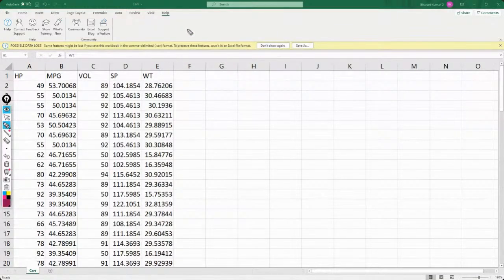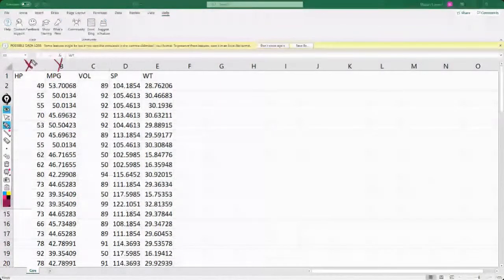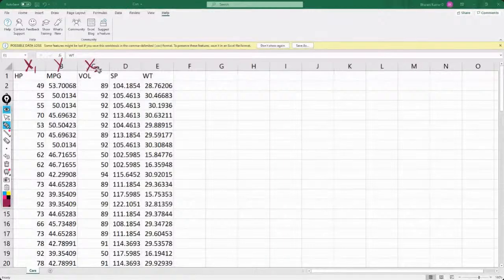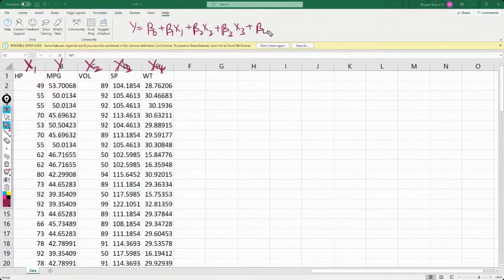In linear regression, when you build this model, say you want to predict mileage of a vehicle, and you have horsepower, volume, top speed, and weight. Say you have these four, and you need to predict your mileage. Y is equal to beta naught plus beta 1 x1 plus beta 2 x2 plus beta 3 x3 plus beta 4 x4.